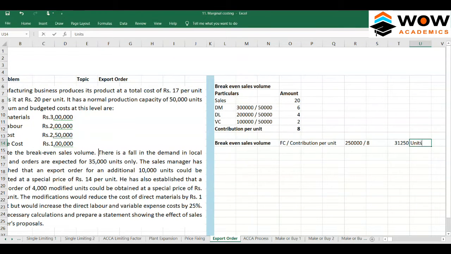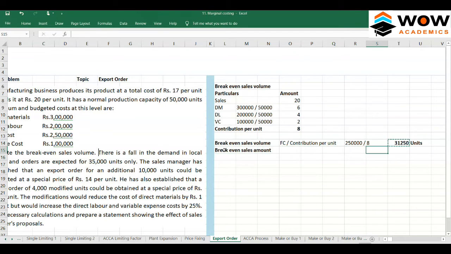So this is in units, and if you want it in terms of amount, we'll find that out. In terms of amount, it's very simple.